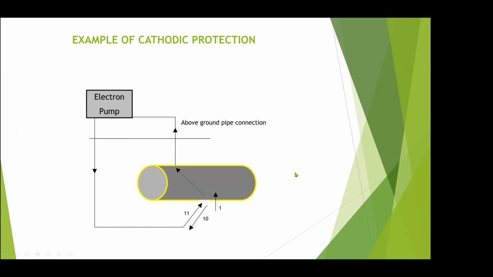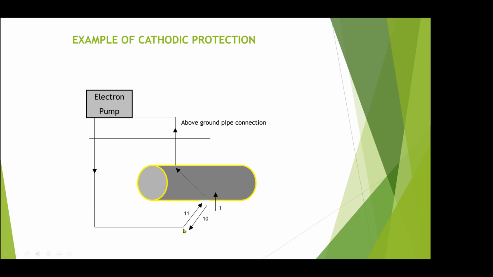And here is an example of how cathodic protection actually works. Here we've got an electron pump, which is either an anode that's made from one of the galvanic materials or alloys, or it could be an impressed current anode where we've got extra power on it. And here we've got a coating defect. Don't worry about the units, it's got about 10 trying to leave the pipe, which would cause corrosion.